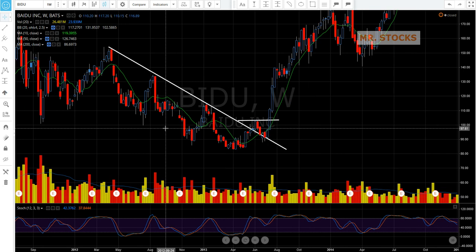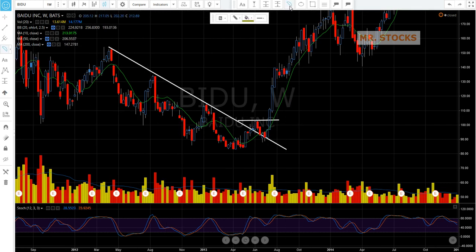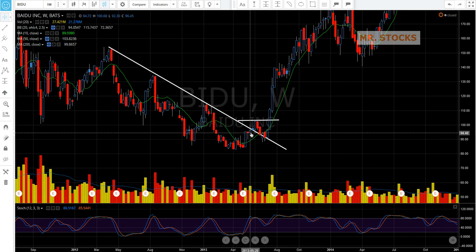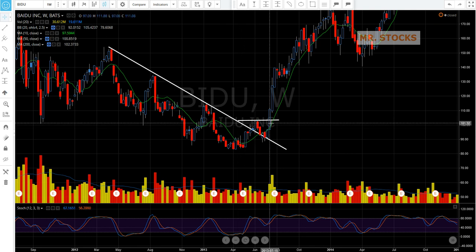So that's a weekly chart. I also wanted to show here, the aggressive trader would have gotten in probably on this week and pulled back into the line. The safer trader would have waited for this higher high and bought it in this area.